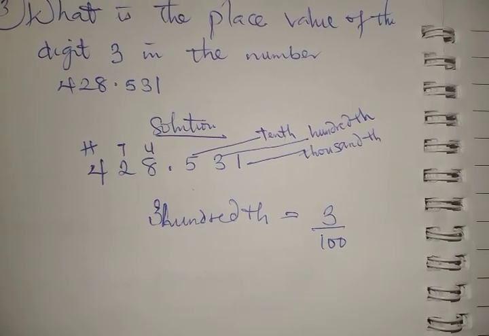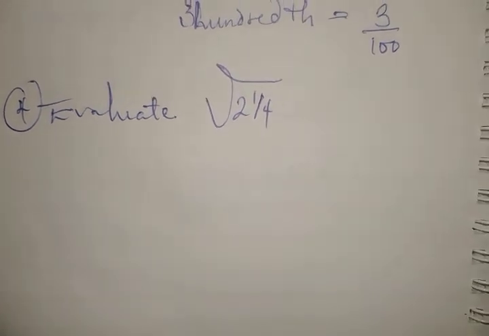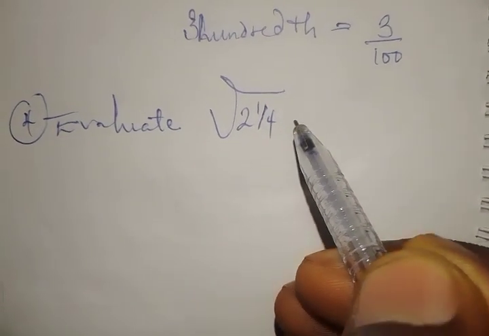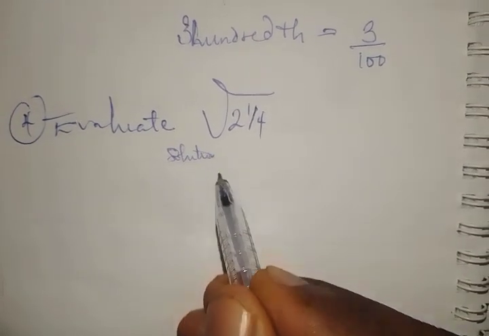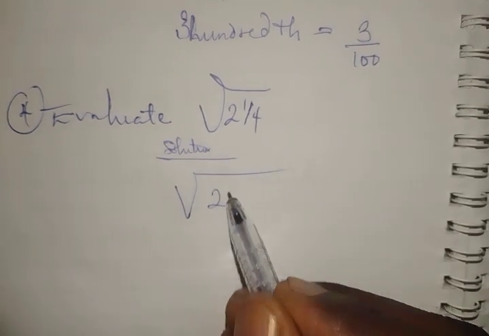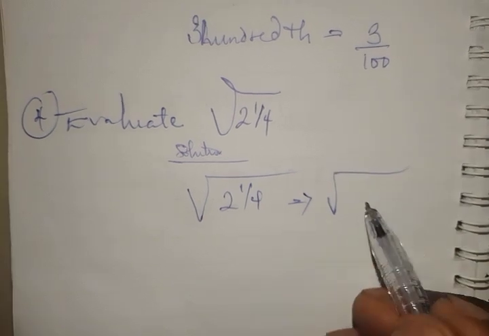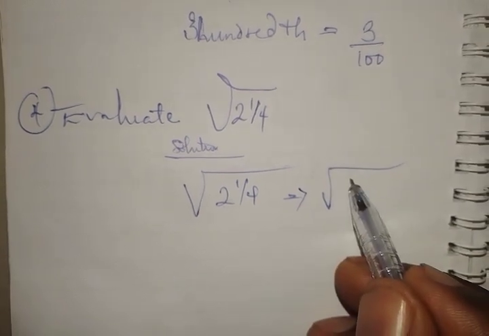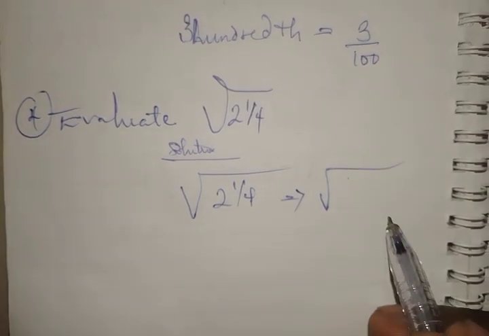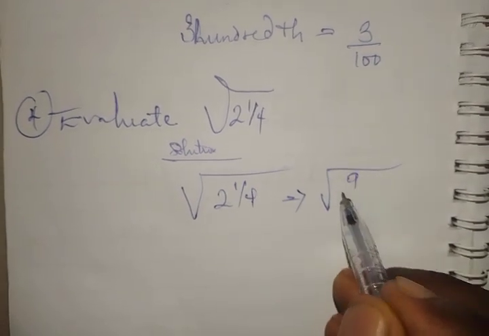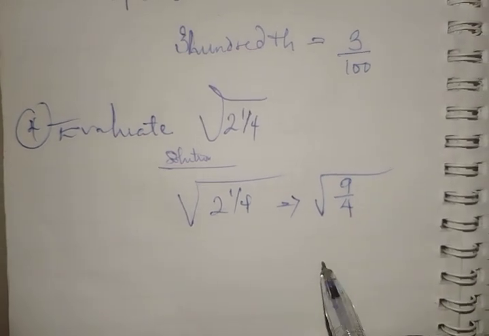Number 4. Question 4 says, evaluate the square root of 2 whole number 1 over 4. And to do this with me, you will just convert 2 whole number 1 over 4 to improper fraction. 4 multiplied by 2 is 8 plus 1 is 9 over 4. And from here, we're going to have what?